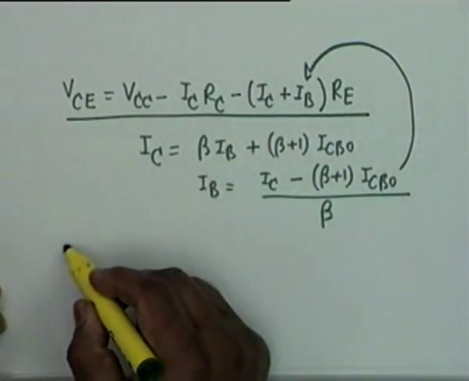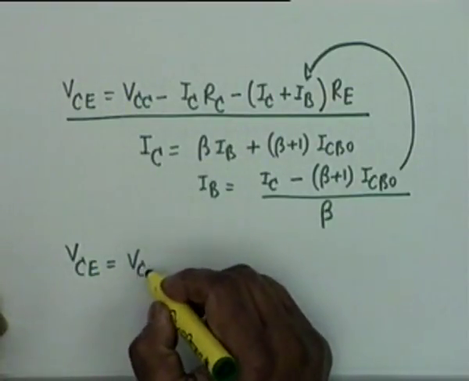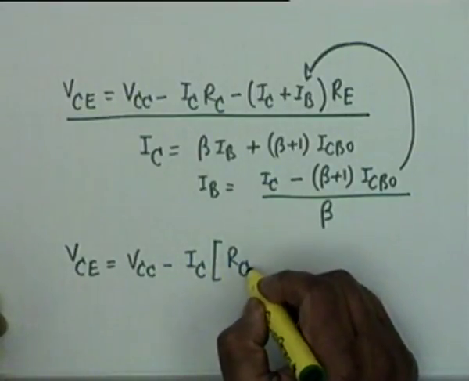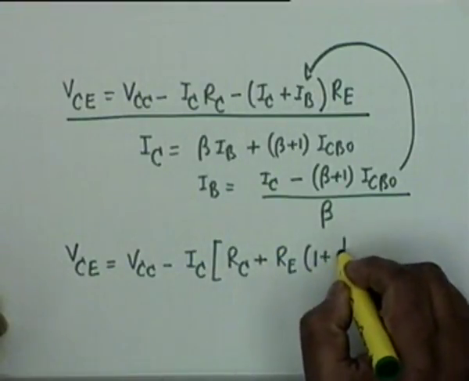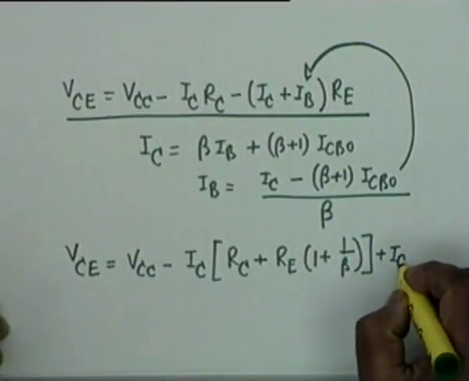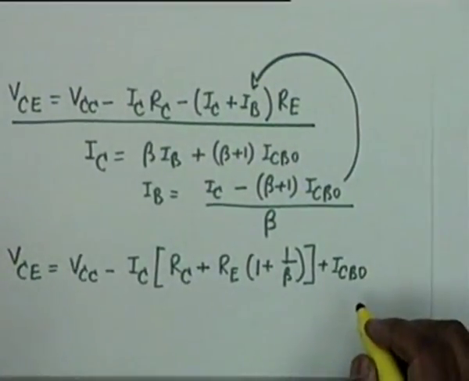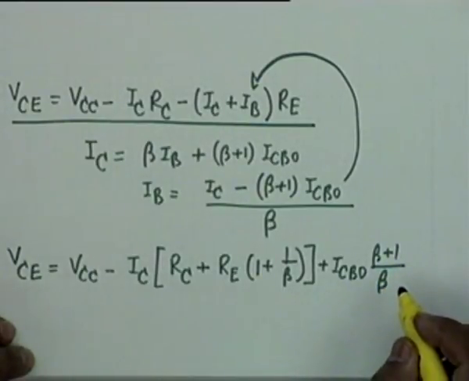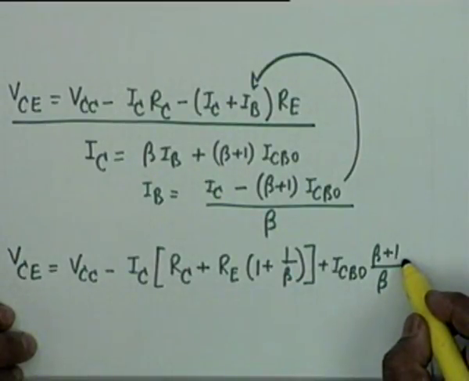If I do that, then I can simplify VCE, I leave the algebra to you, as VCC minus I sub C (R sub C plus RE (1 plus 1 over beta)) plus ICBO times (beta plus 1) divided by beta times, what?